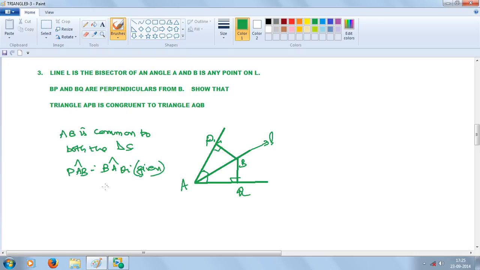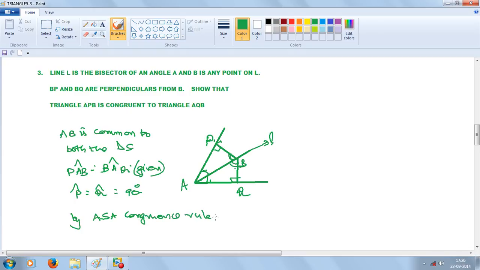BP is perpendicular, so angle P is equal to angle Q is equal to 90 degrees. What about the third angle? The third angle also should be equal, since the perpendicular angles and these bisected angles are equal. Therefore, when AB is common, by ASA congruence rule.